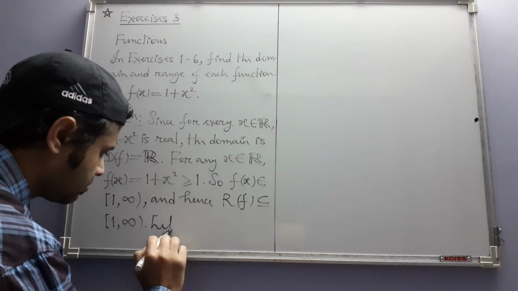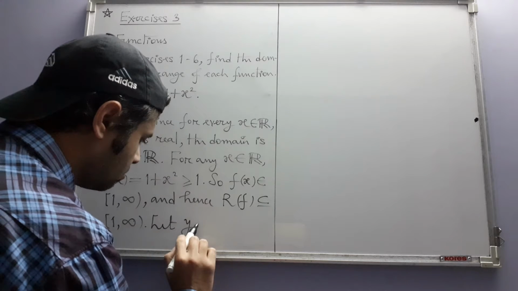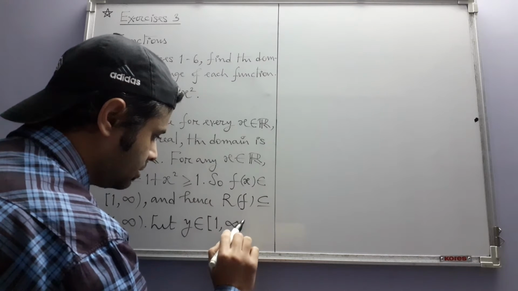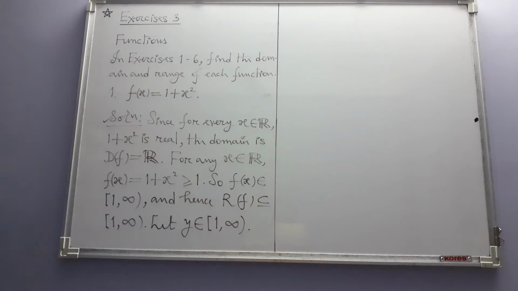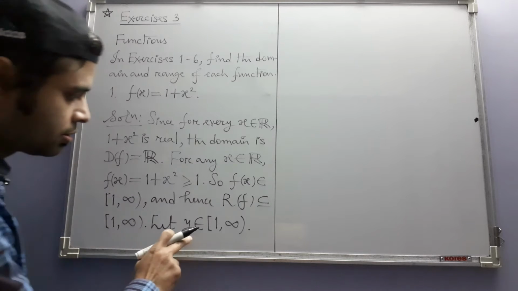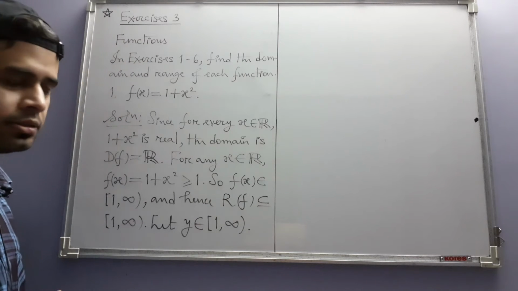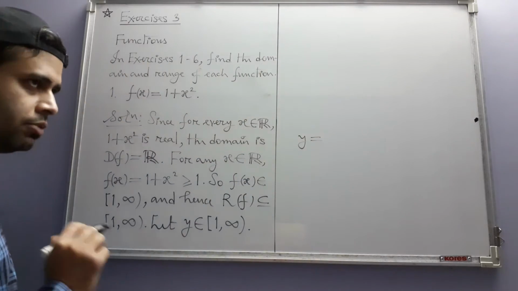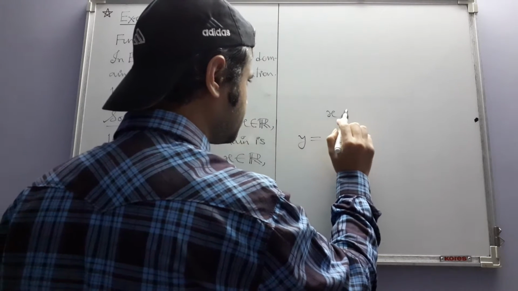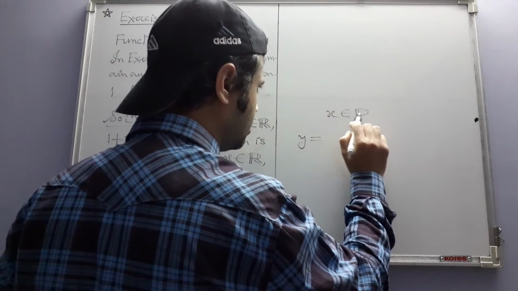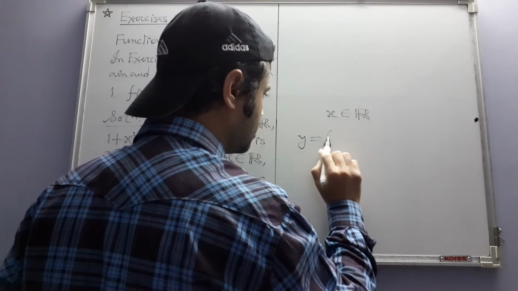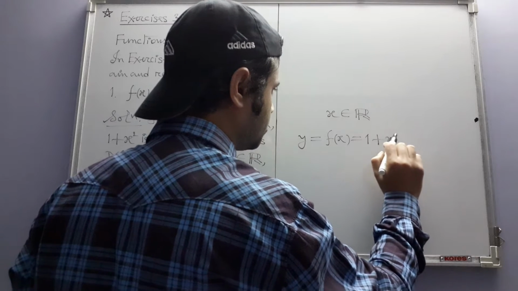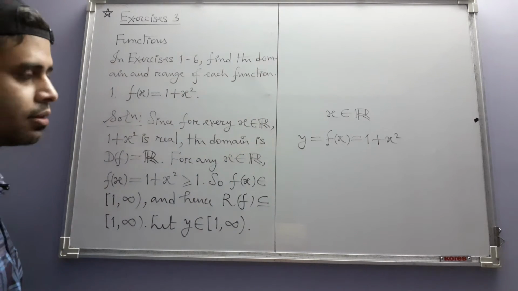So let y be an element in this set. Okay, now we want to show that y belongs to the range. That means y should be the output for some input, which means that there should be some x in R such that y is equal to f of x, which is 1 plus x square.